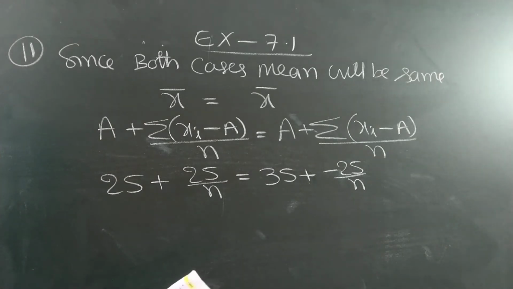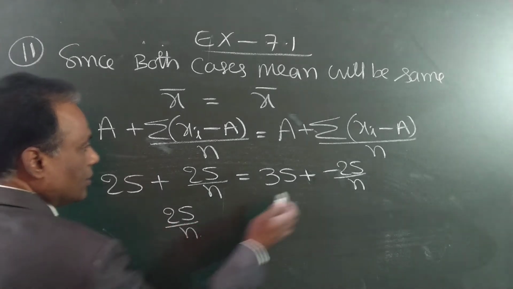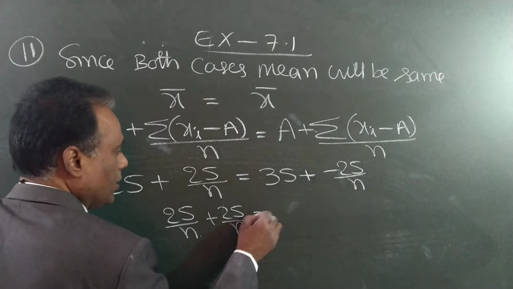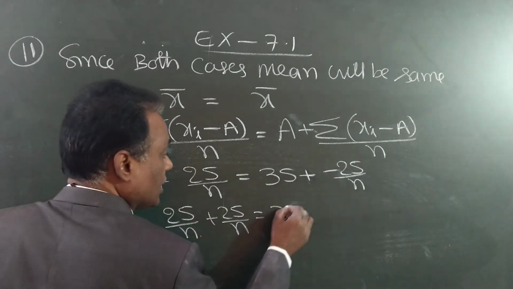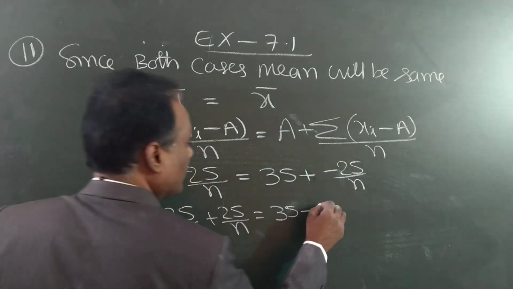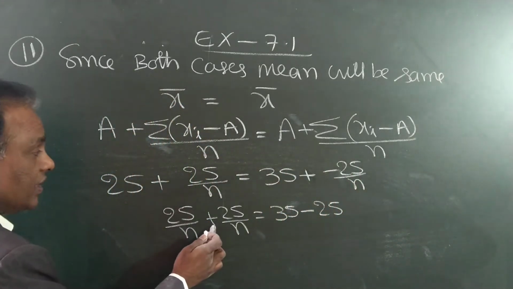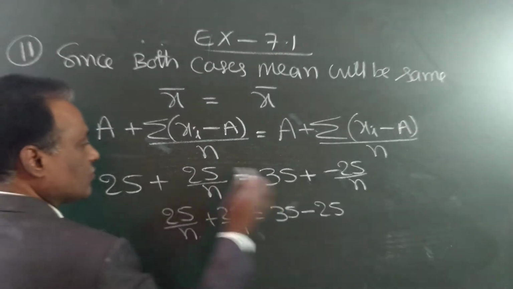Students, now we have to find the mean of the observations. First we have to find the n value. How to find n value? See here, 25 by n minus, minus 25 by n this side plus 25 by n. 25 by n plus 25 by n equals 35 minus 25.